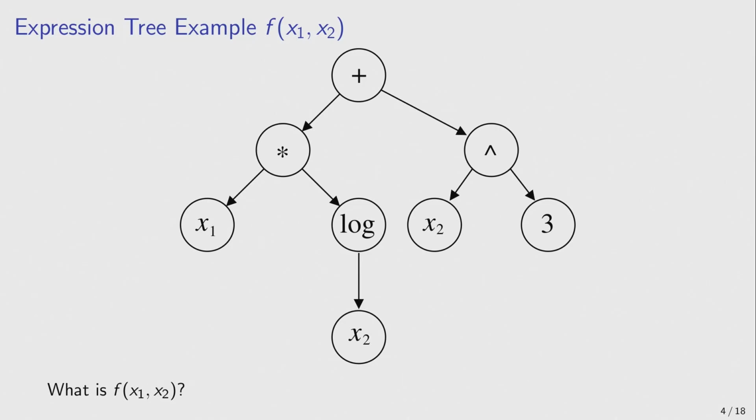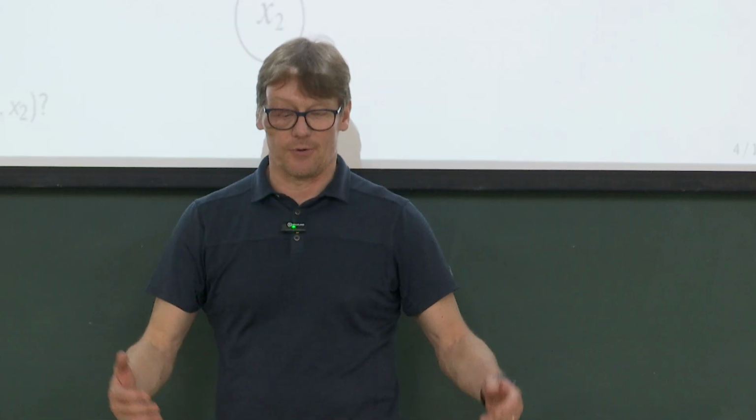So here is an expression tree, and there's a quiz that goes with it. I'm going to tell you how to read the expression tree, and while I'm telling you, you can try answering this question. This is an expression tree for the function f of x1 and x2. What is f of x1 and x2? Pretend this is a quiz show or something.